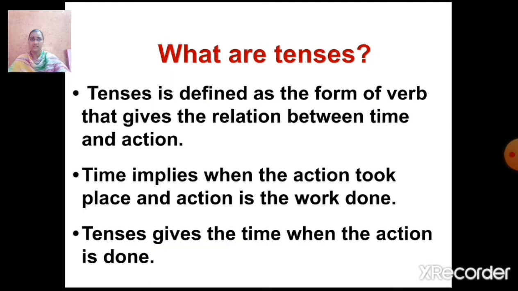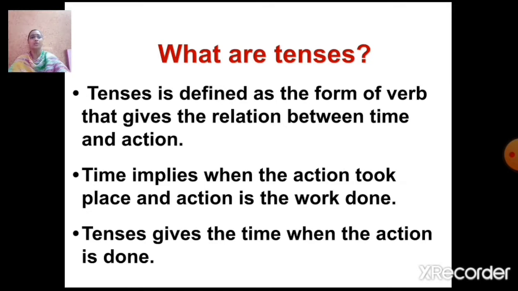Now students, let us first understand what are tenses. Tenses indicate the time when an action or event occurs, or when a state or process holds. This phenomenon is called tenses.